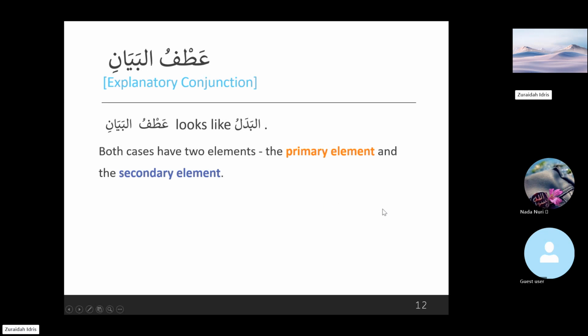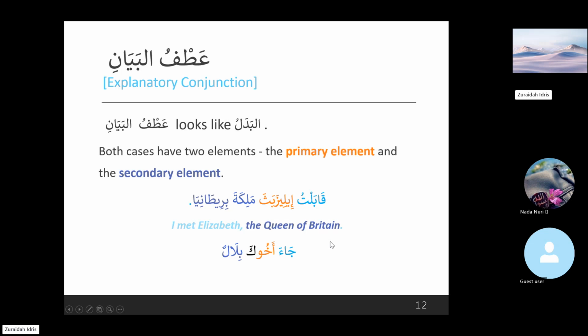So the follower and what is being followed have the same concept. For example, qabaltu Elizabeth malikata Biritania. Here we are saying, I met Elizabeth, when she was still alive, the Queen of Britain.